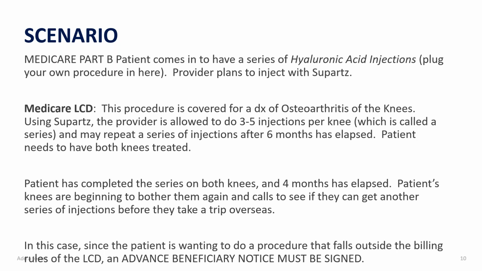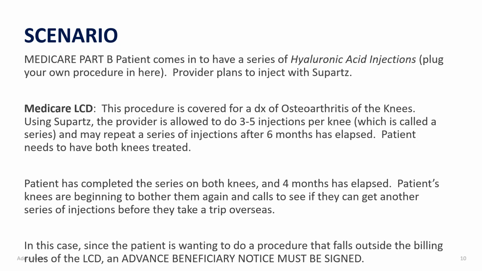However, Medicare will only cover a repeat series of injections after 6 months has elapsed. And we notice that only 4 months have elapsed since you had your first series of injections. So what we're going to have you do is sign a form called an Advance Beneficiary Notice.